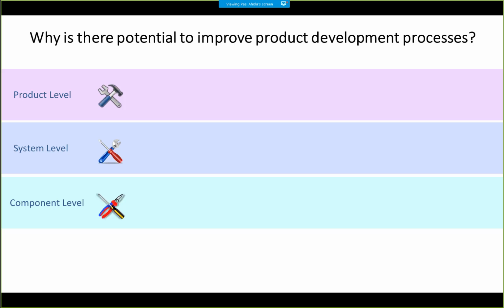They might have their own methodologies and tools. At the lowest level, the component level, there certainly are different engineering disciplines like mechanics, electronics, hardware, software, things like that. As explained earlier, there are documents extensively used for different kinds of specifications.